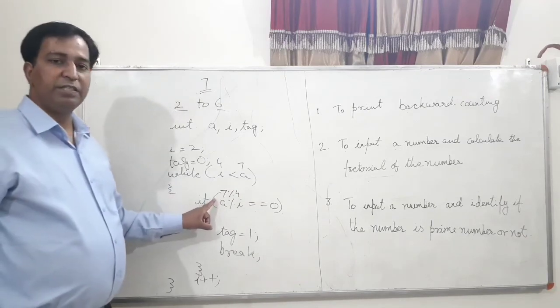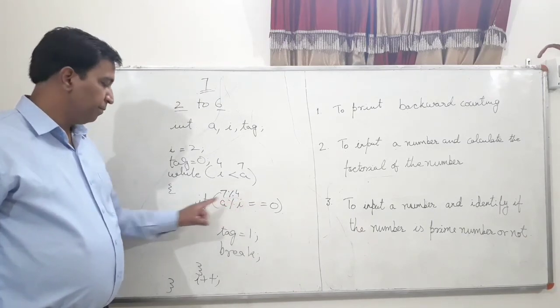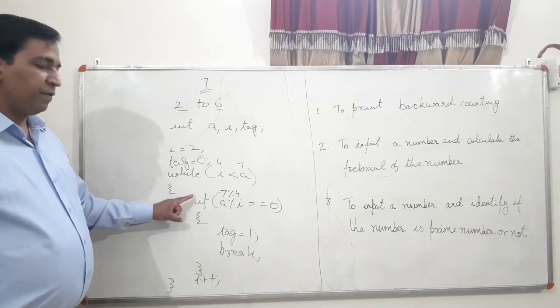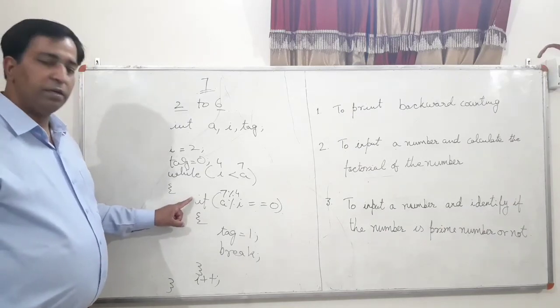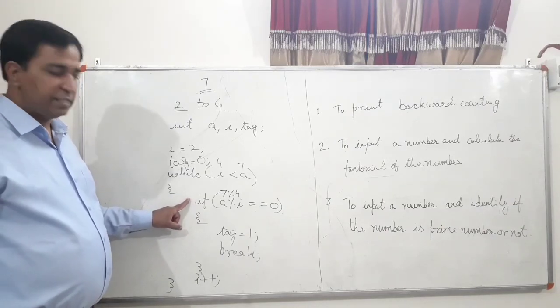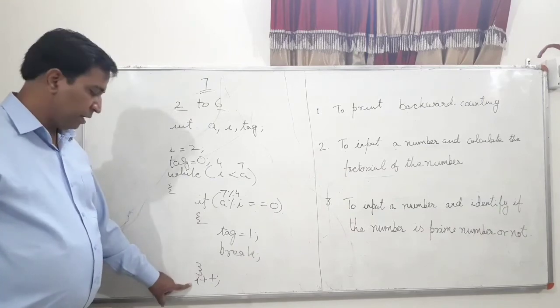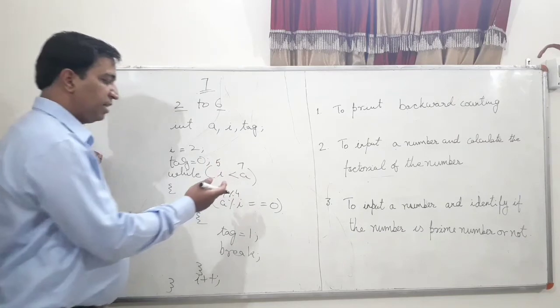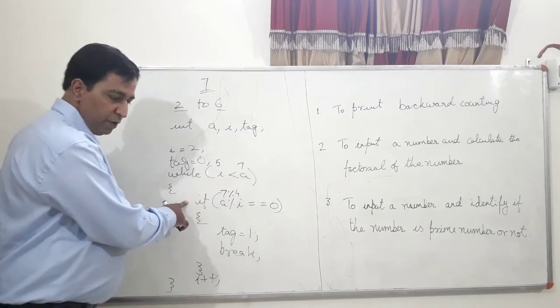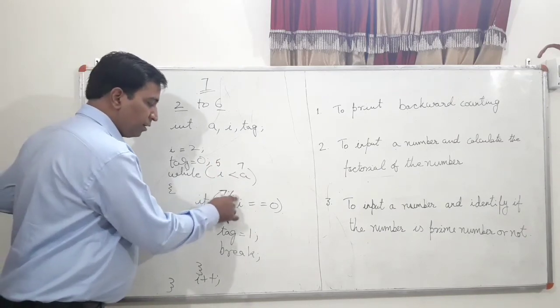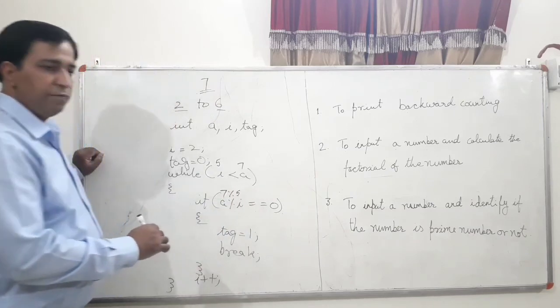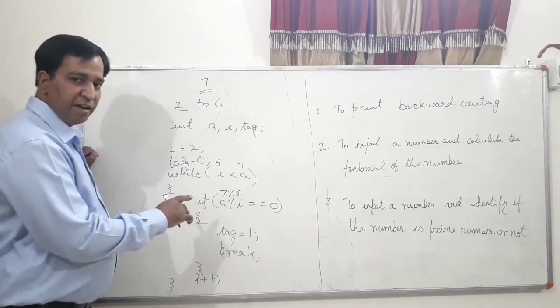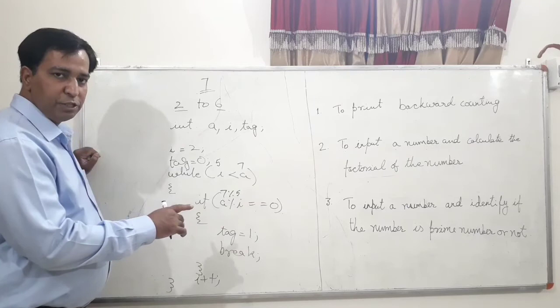Now 7's divisibility will be checked with the 4. Now if it is not divisible, like in this case, then if will be skipped, I will be increased. I is holding 5 now, 5 is less than 7, loop will be executing. Here 7%5 will be checked, remainder will not be 0.